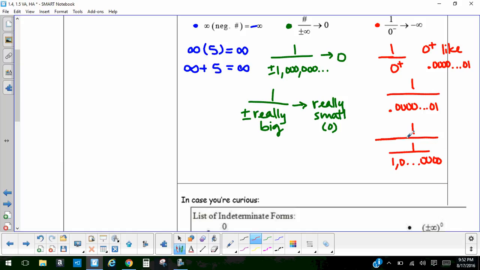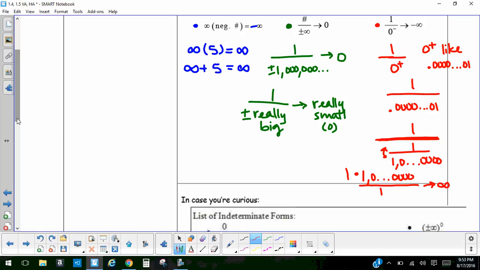Well, if I am dividing by a fraction, that means I am multiplying by its reciprocal. I will flip this part over. So 1 with all those zeros over 1. So then I just made a really large number.